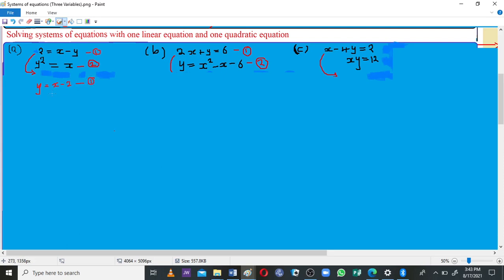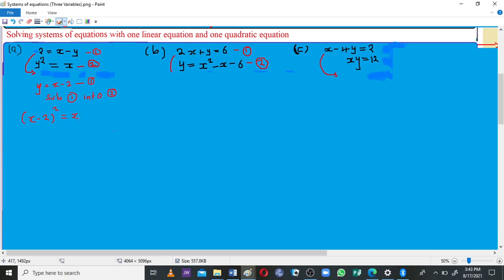Now, we can substitute equation 1 into 2 and see what we are going to get. Substituting equation 1 into 2, we are going to get x minus 2, all squared, is equal to x.